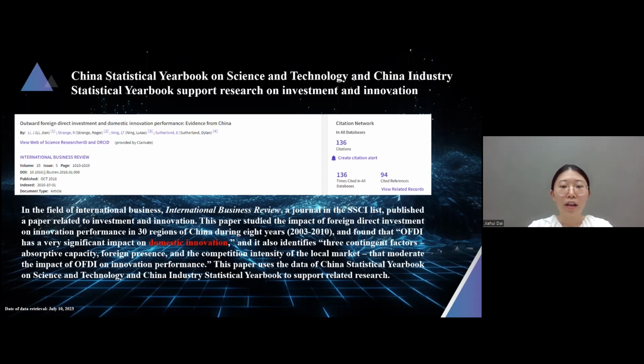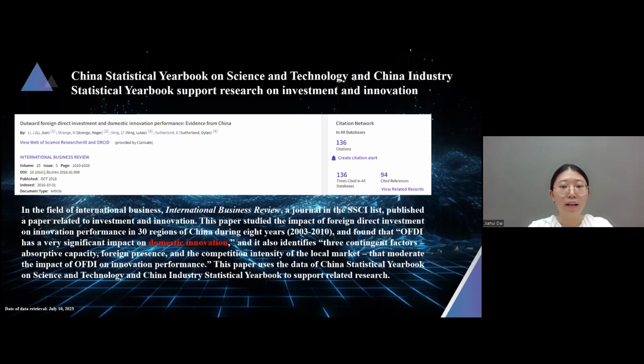They also identified 3 contingent factors: adaptive capacity, foreign presence, and the competition intensity of the local market, that moderate the impact of OFDI on innovation performance.